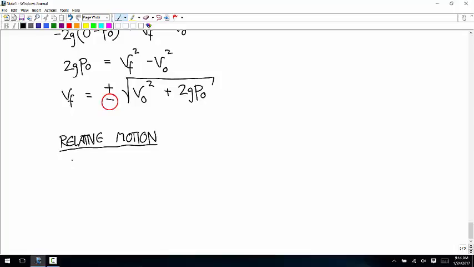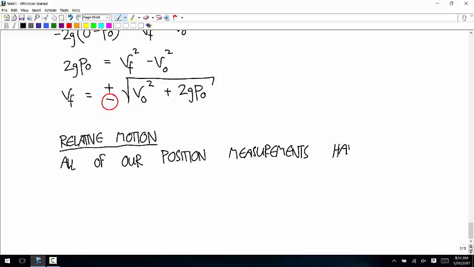We've taken all of our position measurements based on where we set down a ruler.